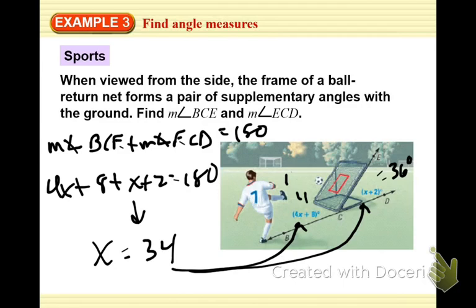Sorry. How about 144? Okay. And a great way to check yourself here is when you actually plug the 34 into the x's, then your two angles better add to 180. If they don't, then something's definitely gone wrong. Okay? All right.